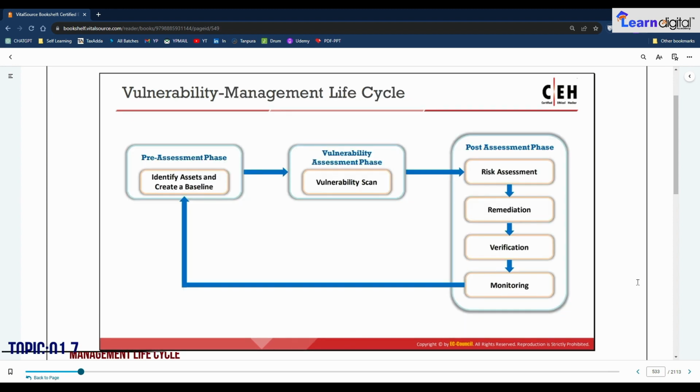Well, in the vulnerability management life cycle concept, we need to understand that this is an important process that helps identify and remediate security weaknesses before they can be exploited.